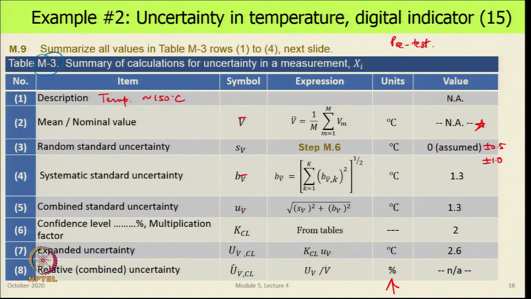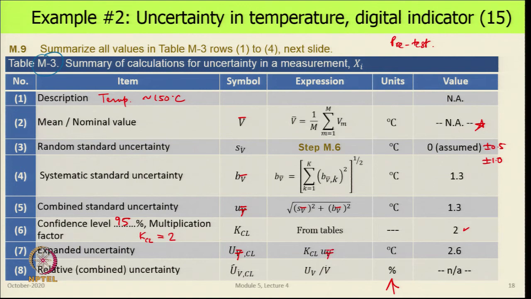Combined standard uncertainty, UV bar is equal to SV bar plus BV bar, which is 1.3 degrees Celsius. Confidence level, we are going to go with 95% confidence level, which gives us KCL is equal to 2. So, that is 2 over here. Expanded uncertainty in temperature, this should all be T, sorry.